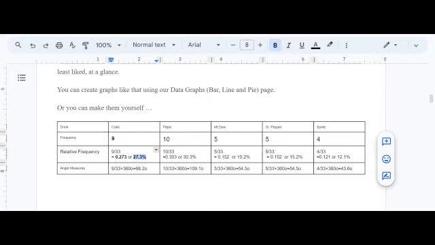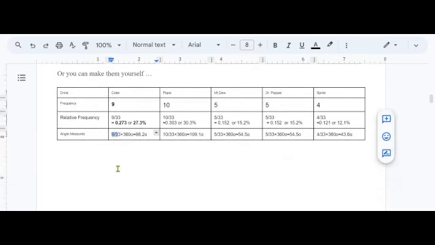Okay, and so on. Now this is the percentage, but I need to get the angle. How can I get the angle? It's going to be 9 over 33. The same thing you do in the top here, you do it in the bottom. But this time you're going to multiply times 360 degrees.